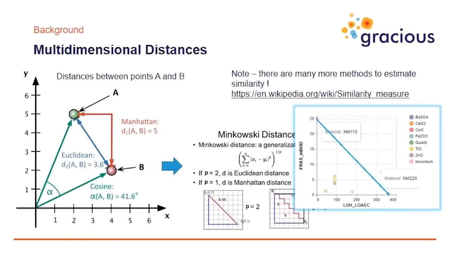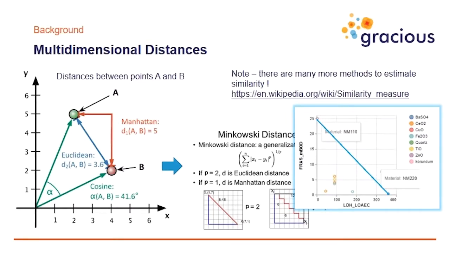Now let's go back to the distances between numerical properties. Here is an illustration of different distances between points A and B, defined on the plane with descriptors x and y. The length of the blue straight line is the Euclidean distance. The red line defines another distance, known as Manhattan distance.